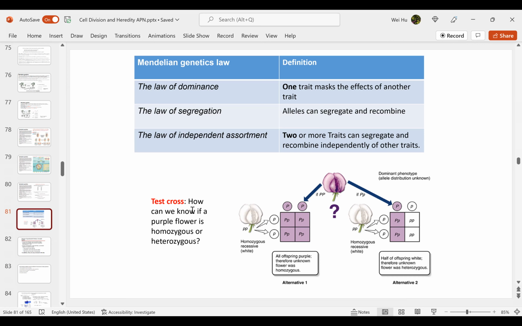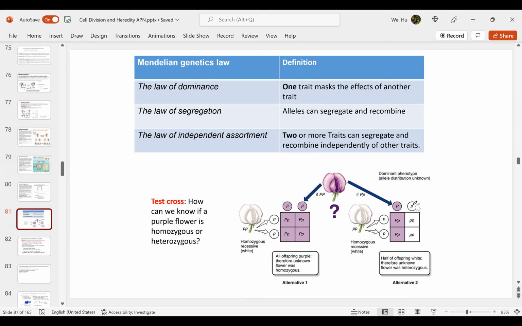So you can see what you do. You actually cross this purple flower with the recessive phenotype. So small p, small p. Then if this one is homozygous dominant, they show all purple in the children's generation.